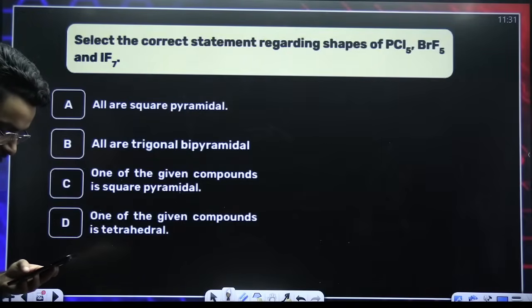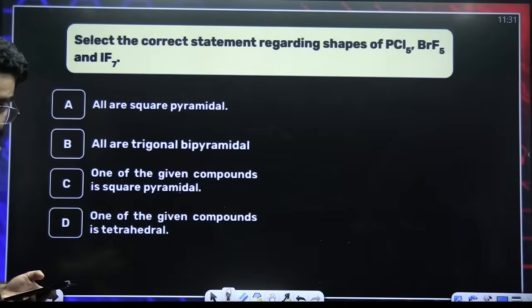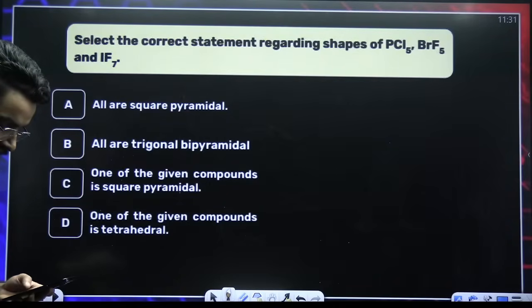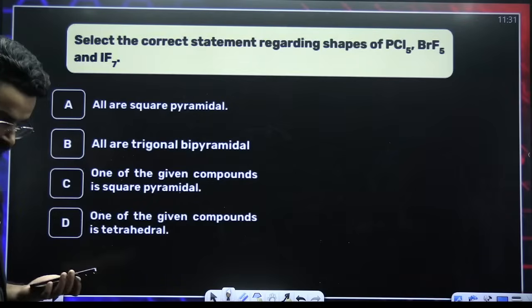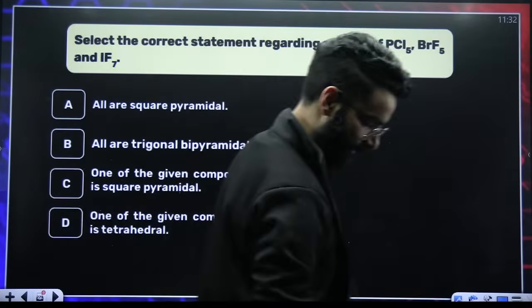Quickly, people. Everyone. This is simple. It's pretty much simple.